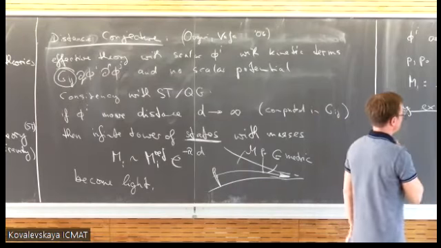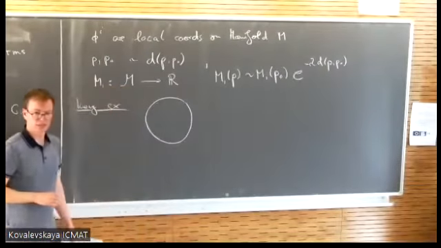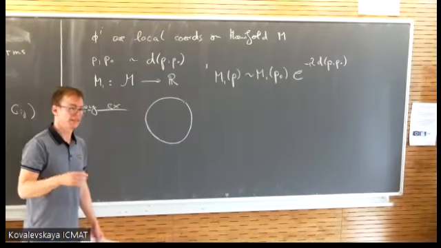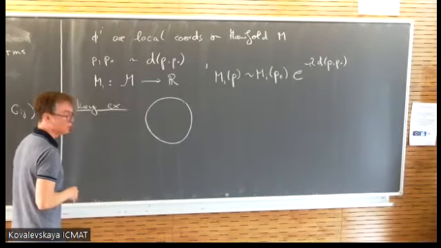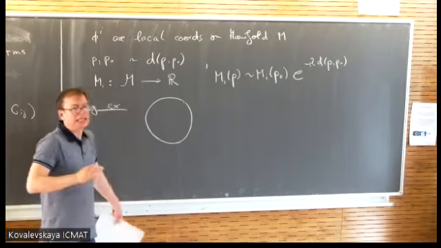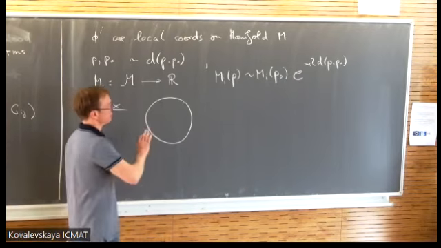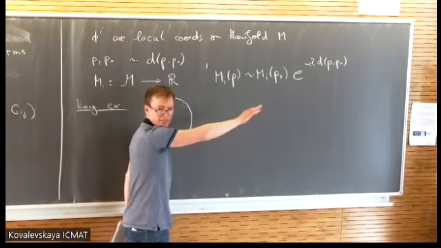So the key example is the following. You look at a disk. So now we are in one complex dimension, and you look at the disk. Well, if I just use the Euclidean metric on the complex plane, then infinite distance is out there.